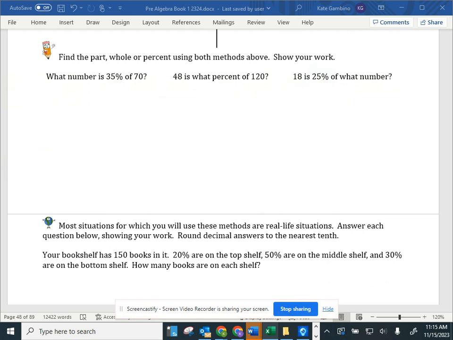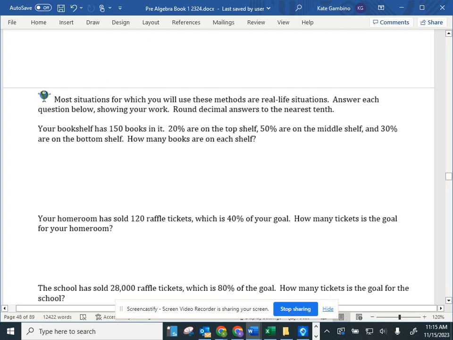Because that shortcut will not always work. If you have 37%, there's not a whole number to multiply by. 0.25 gives you a whole number. All percentages won't give you that whole number that you can multiply by.